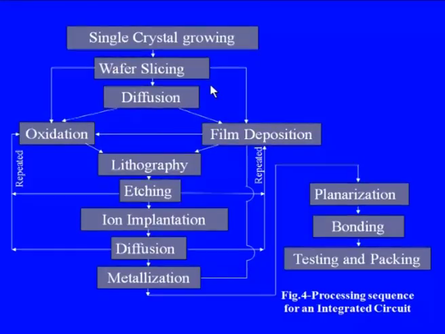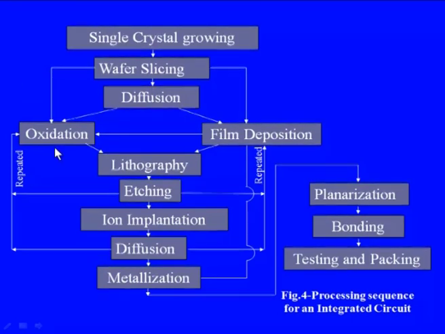Followed by this, each sliced wafer should be diffused, then oxidized, then film deposition has to be done, then lithography has to be done, etching has to be done, ion implantation has to be done, and so on, as shown in the figure. So, the sliced wafer may require diffusion or may not.